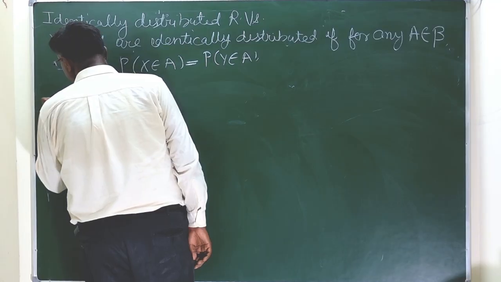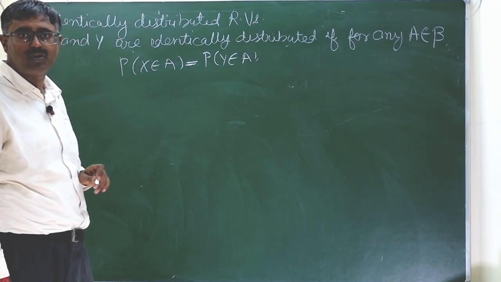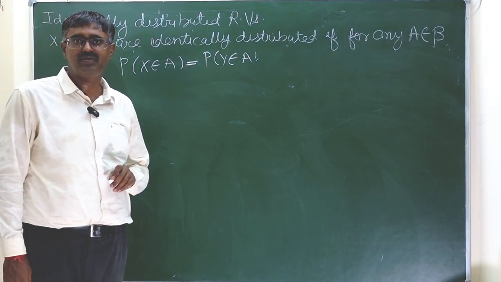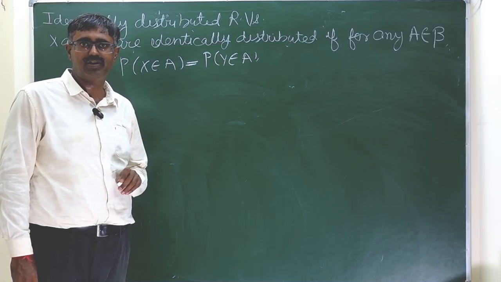Now if X and Y are identically distributed, then their moments are also the same, and similarly in inference we will be dealing with independently and identically distributed random variables.